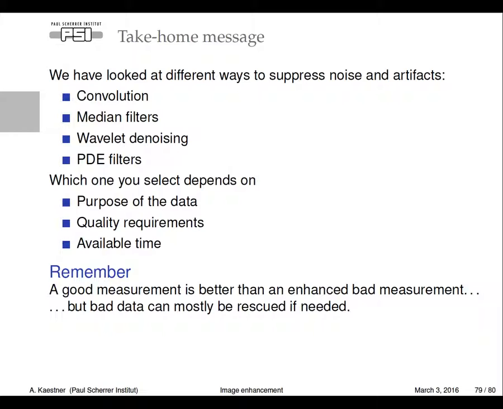We have looked at convolution, median, wavelet denoising, and PDE denoising, and which method you choose depends on the purpose of the data, what you are going to do with it, how sharp you need the data, which quality requirements you have, and not to forget available time, because some of these more advanced filters take some time to process. That also has to be counted into the whole selection.